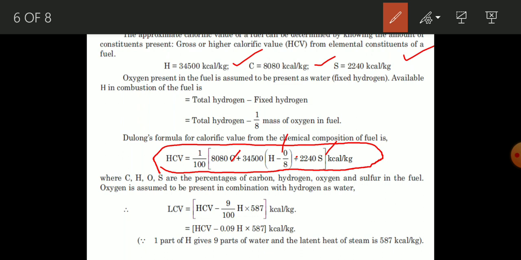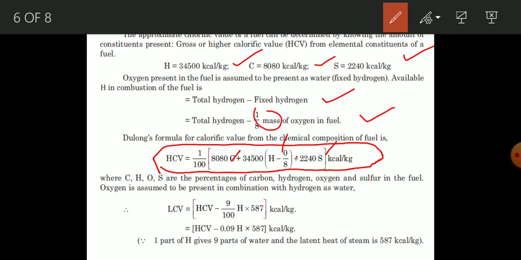If oxygen is present in the fuel, it is assumed to be present as water, means fixed hydrogen. The amount of hydrogen available for combustion of the fuel is equal to total hydrogen minus fixed hydrogen, that is, total hydrogen present in the fuel minus 1 divided by 8 of the oxygen.